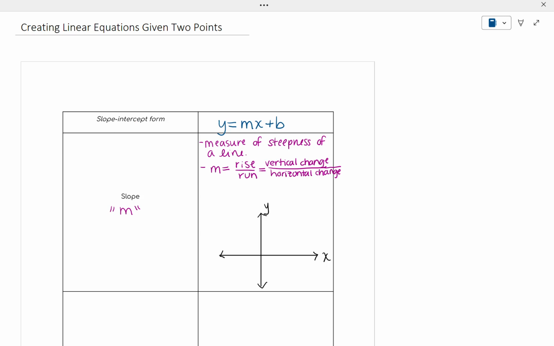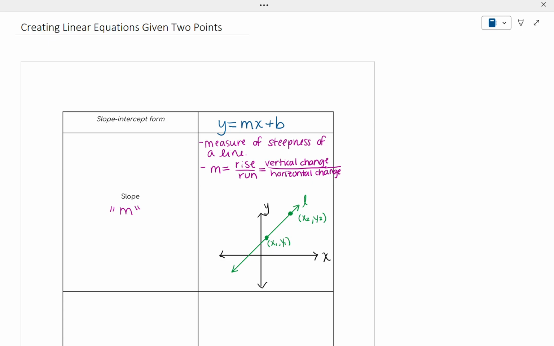All right, so let's see this graphically. I'll draw an arbitrary line. So we have this line, let's call it L. And let's choose 2 points on this line. So I'll choose this one, and I'll call this x1, y1, and then choose this point, and this will have coordinates x2, y2.